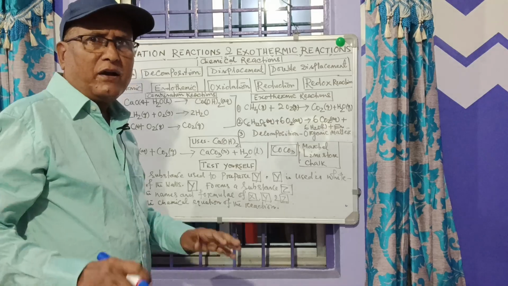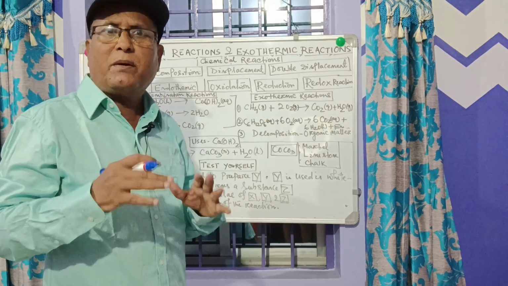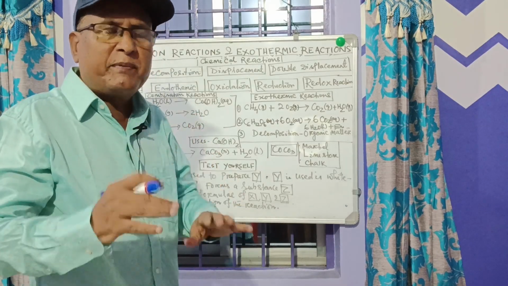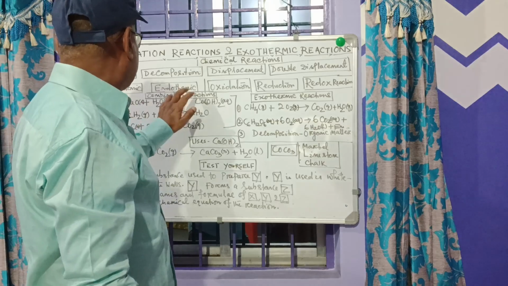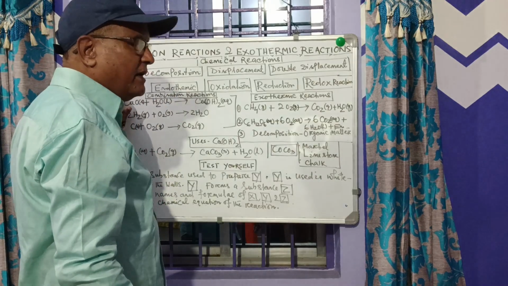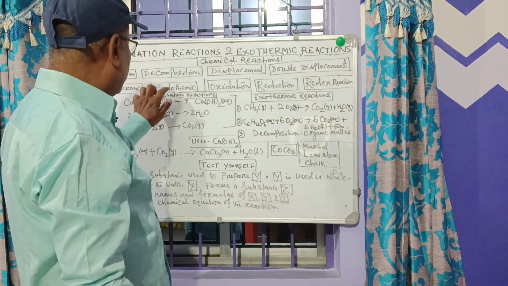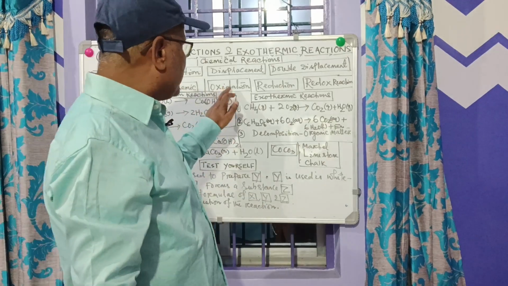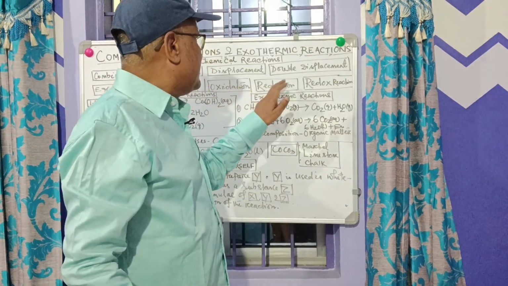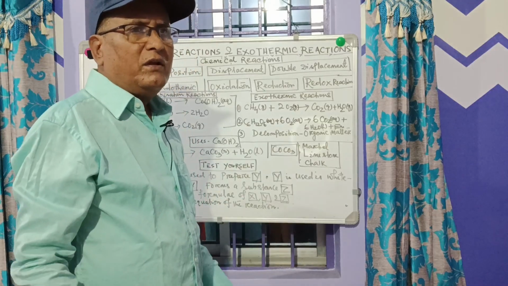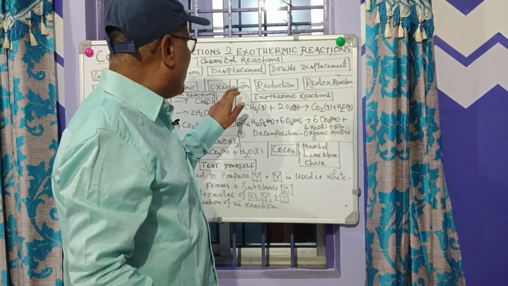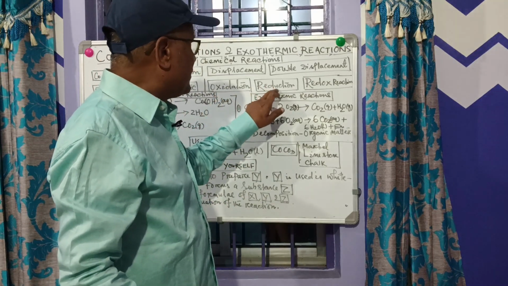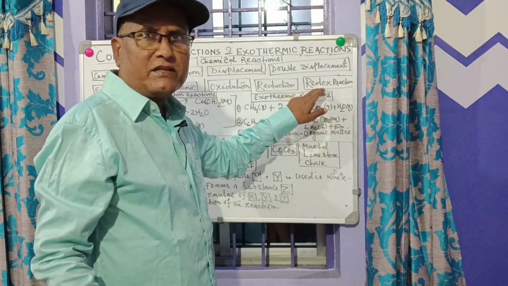But according to evolution of heat and absorption of heat, there are two types of reactions. One is exothermic, heat evolved, and another is endothermic, heat absorbed. Then let us look at this side. There are three types of reaction: oxidation, reduction, and redox reaction.